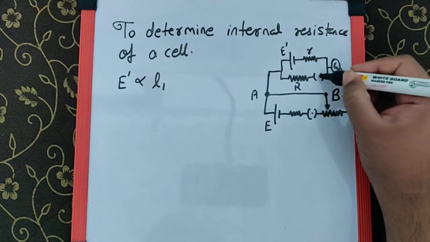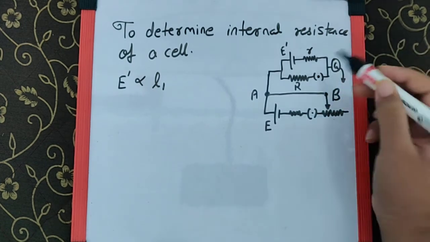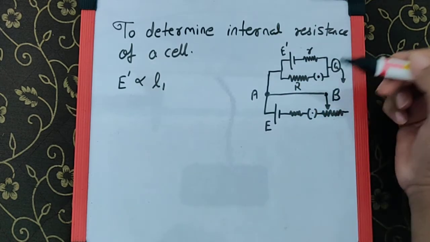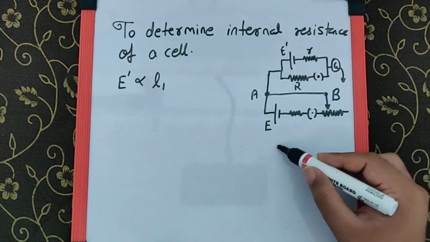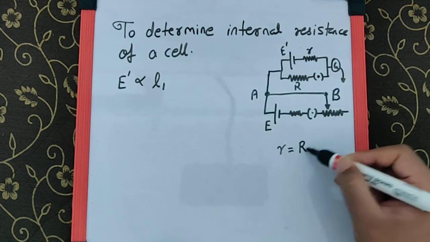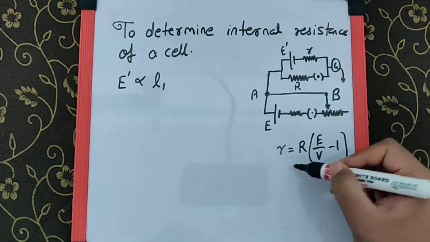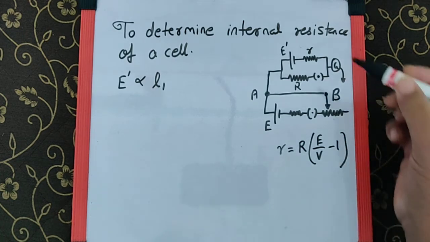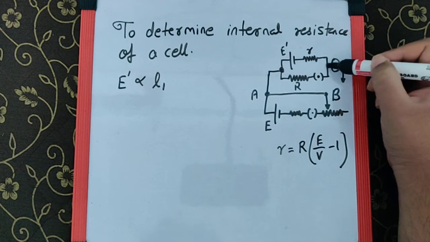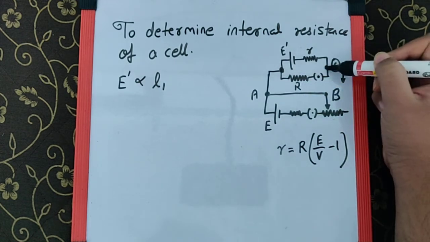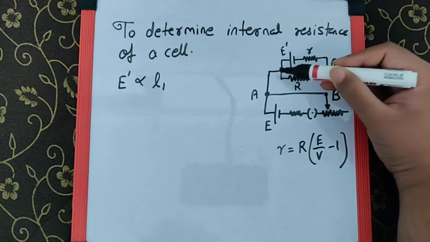Now I connect this capital R into the circuit, and if you concentrate, this becomes the standard circuit which I drew at the start, for which we derived the formula that small r is capital R times E by V minus 1. Do you remember this? Now using this, the point over here for the galvanometer circuit is nothing but this point and this end, so it is the potential difference between these two ends.